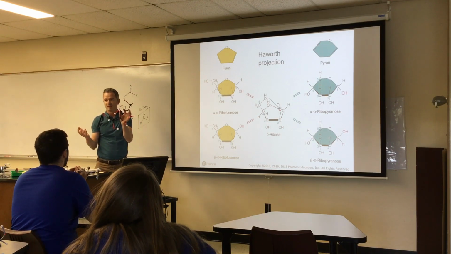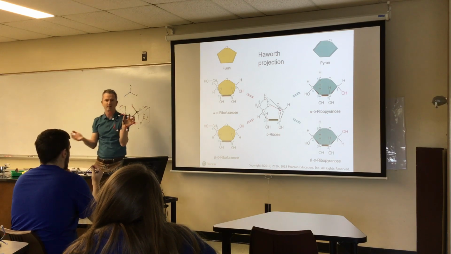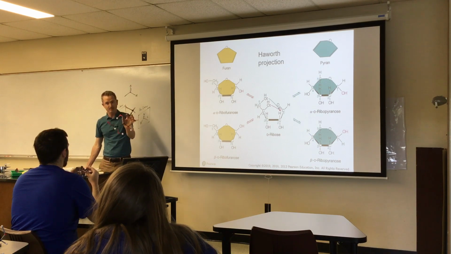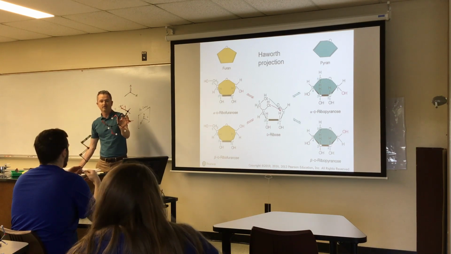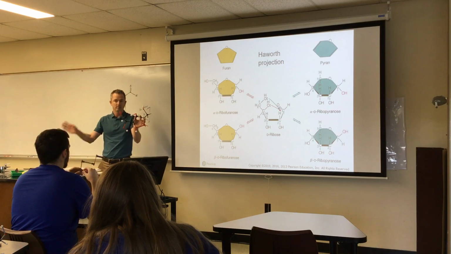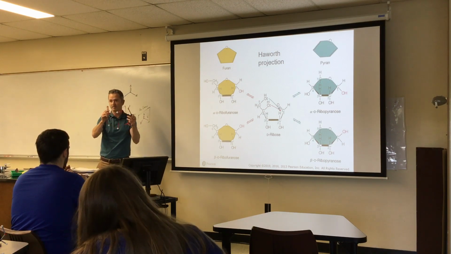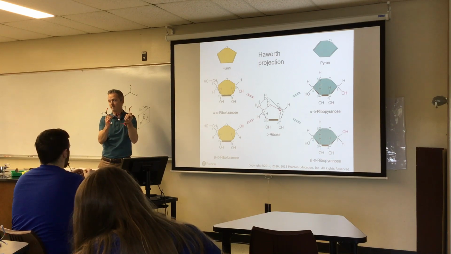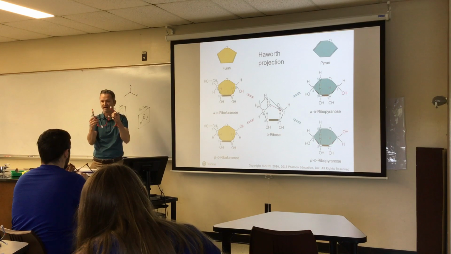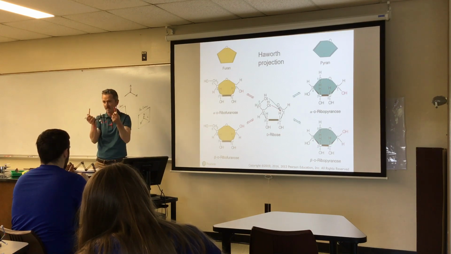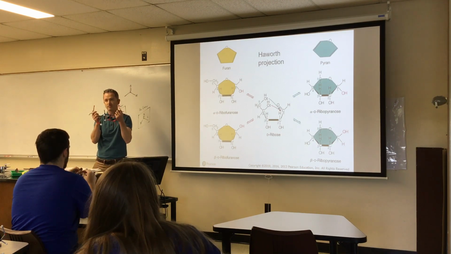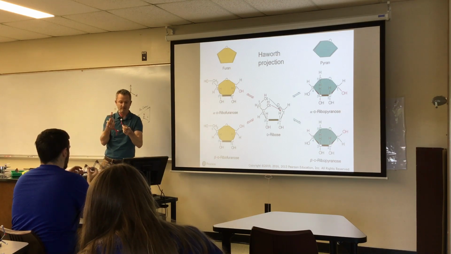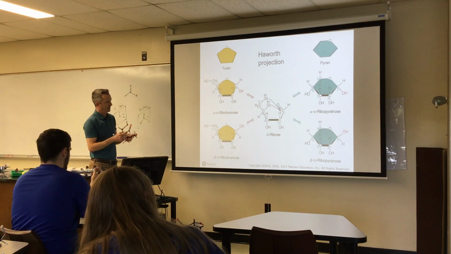Do you know which way it's going to form? Does it have an equal chance of forming in both? Depending on the conditions. Maybe an enzyme-catalyzed process stabilizes one versus the other. I don't know, I'm not a biochemist. But I do know that if it was organic chemistry and you had these in solution, they would have an equal chance of forming from either the Si face or the Re face to form the alpha or beta form.